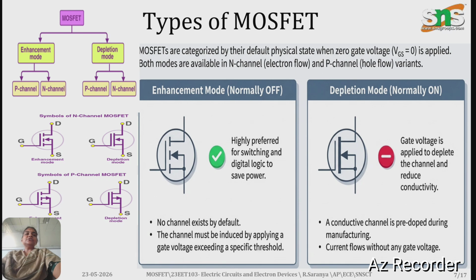Physically, no channel will be there by default, so the channel must be induced by applying a gate voltage that exceeds the specific threshold. In depletion mode, the device is normally on. The gate voltage is applied to deplete the channel and reduce the conductivity. The conducting channel is pre-doped during manufacture, and current flows without any gate voltage.